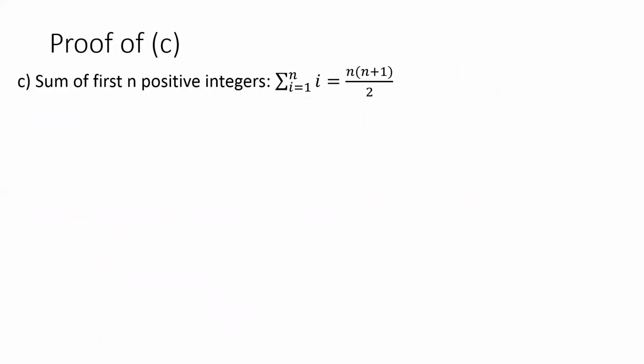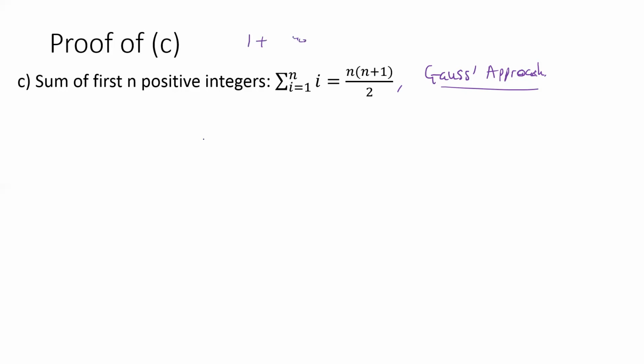Now, let us prove this. We're going to use what we call Gauss's approach. This guy is a great mathematician and physicist. When he was in about 5th grade, very young, his teacher asked the whole class to add the positive numbers from 1 to 100.